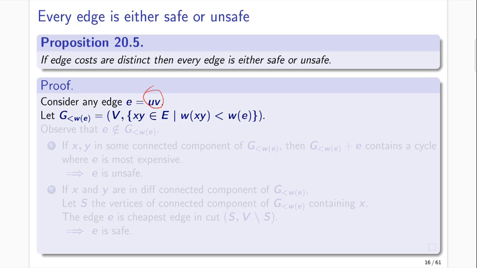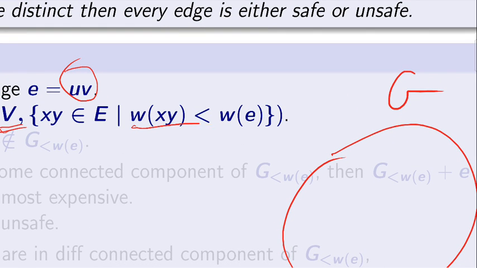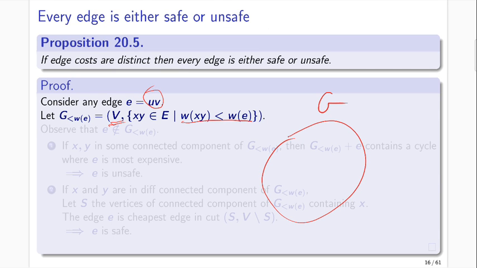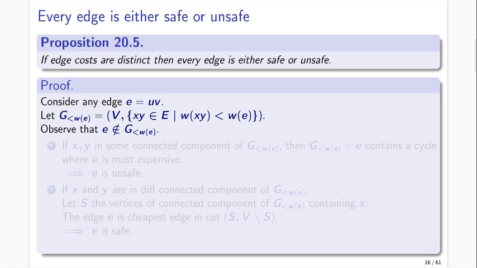Now we're going to look at the graph G with the same set of vertices, but we take only all the edges whose weight is smaller than the weight of e. In particular, the edge e itself is not going to be in this graph, because we're assuming that all the weights are distinct.